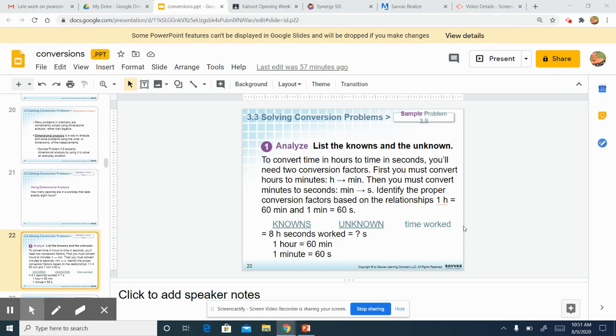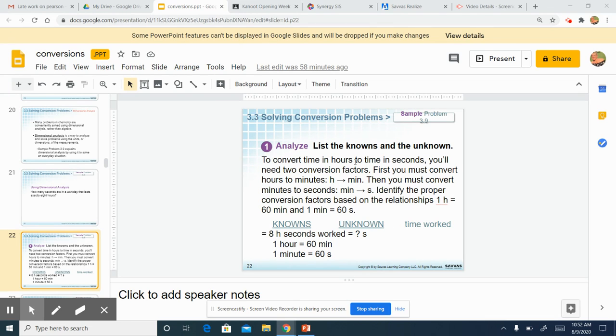So we, number one, analyze the knowns and the unknowns. This textbook wants you to go through a process of looking at everything that you know and then try to figure out everything that you're searching for.